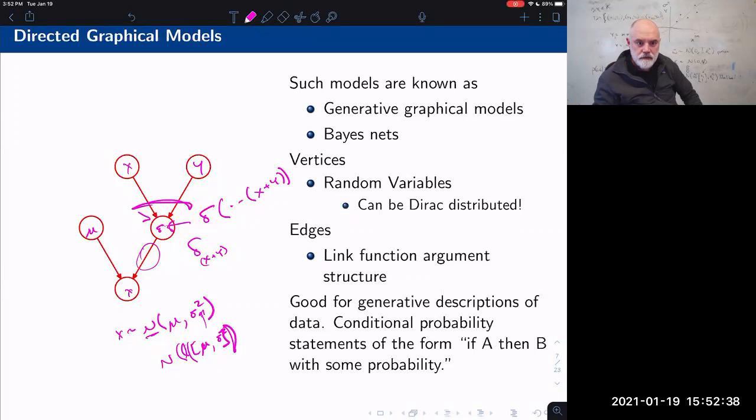Oh, I did miss Emma's question, sorry. Is genetic programming a graphical model or similar to one? No. So genetic programming is an algorithmic procedure for selecting for optimization of discontinuous functions, right?